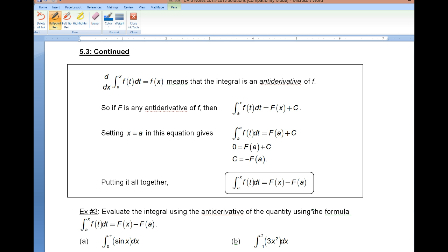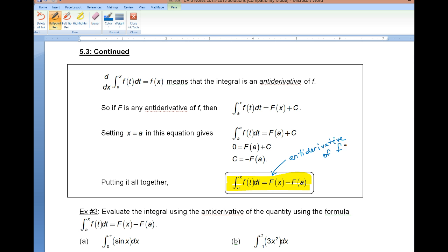So what if we now have bounds? Whenever you see this capital letter F, this represents the antiderivative of little f.